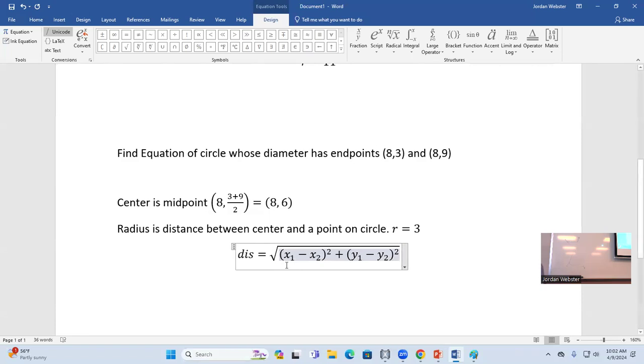It doesn't matter which subscript you put first. You can go x2 minus x1 or y2 minus y1 if you like.